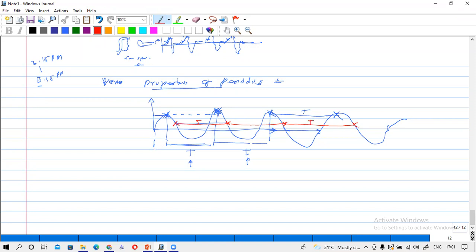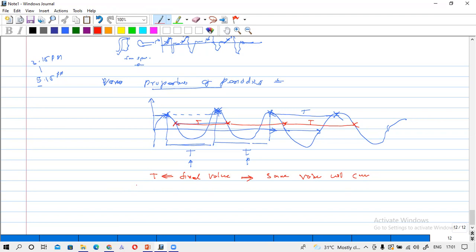So after T, which is a fixed value, the same signal value will come again.